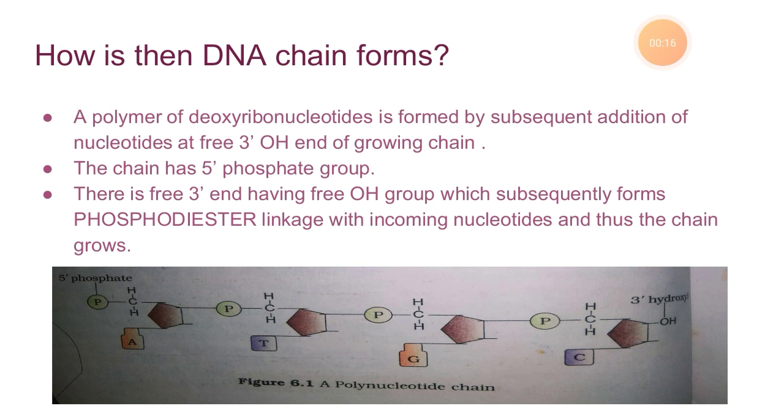You can easily understand it as the new member is being added to the 3' end only, so the chain is growing in the 5' to 3' direction, and new members are being added to the 3' end only. In this way the DNA chain is growing. So these are the very basics of DNA and its structure, and I have given you a little hint about the growth of the DNA chain.